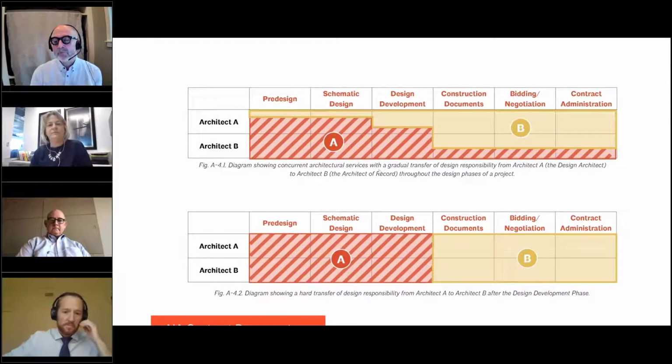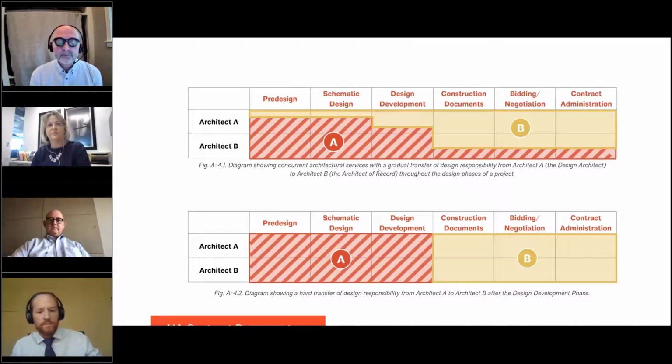Both are retained right at the beginning of the project, rather than that scenario that I'm going to talk about soon about consecutive. So both are at the table at the beginning. Both are coordinating with each other on their services.